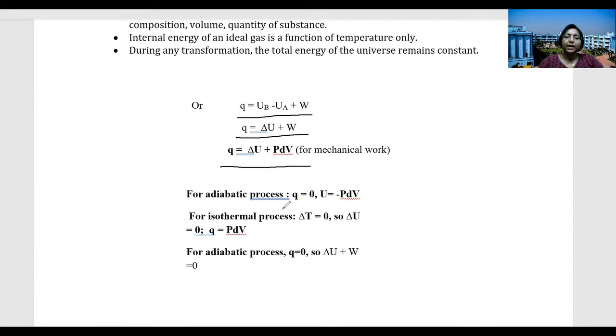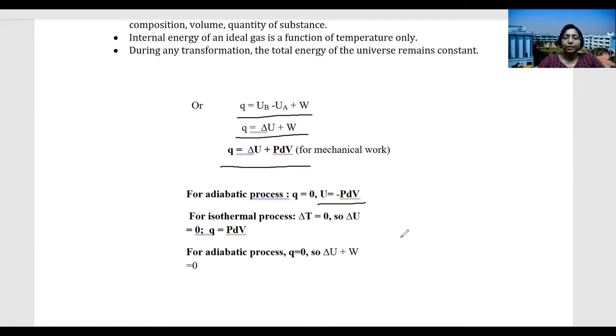Say for the adiabatic process, you learned in the first lecture that adiabatic process means there is no heat transfer. That means dq is 0, so q is 0. If q is 0, we can write del U is equal to minus PdV.